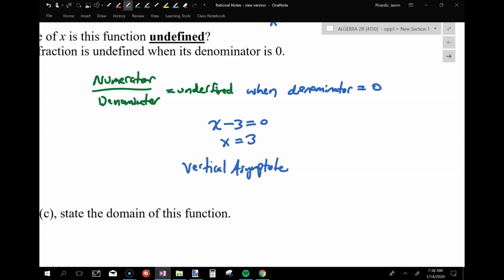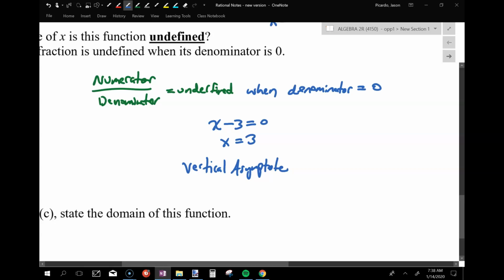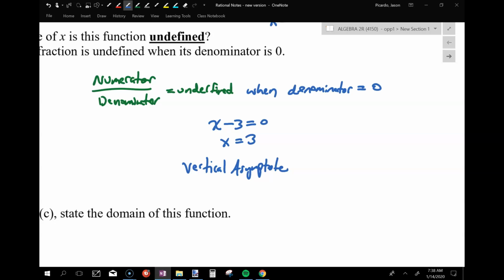Here's an asymptote. It's a vertical line that I can get near to, but never touch, right? I can approach it, I can get infinitely close to it, I just can't ever touch it, okay?